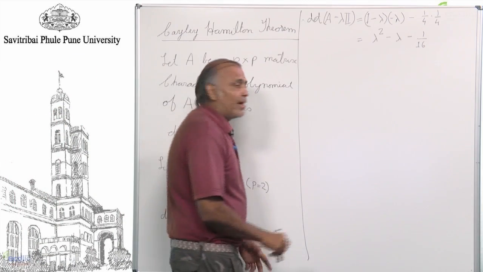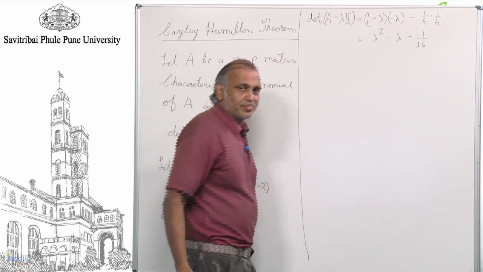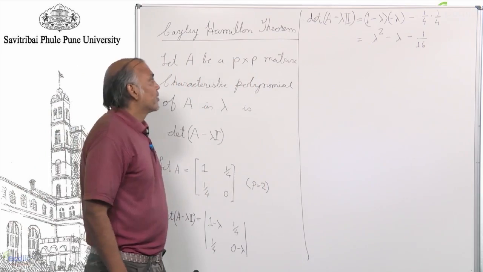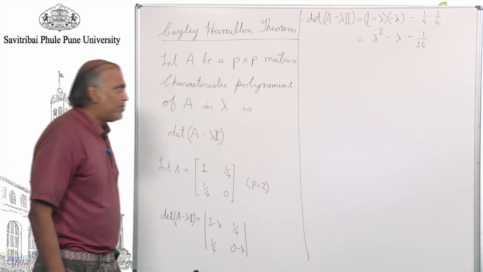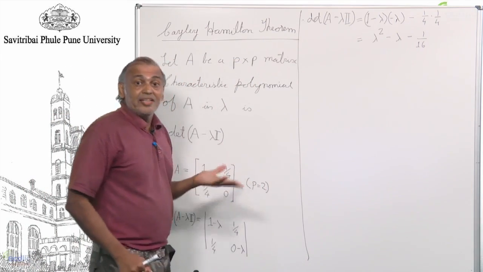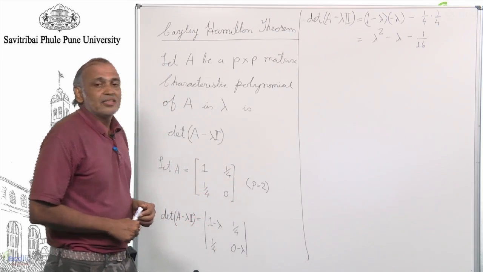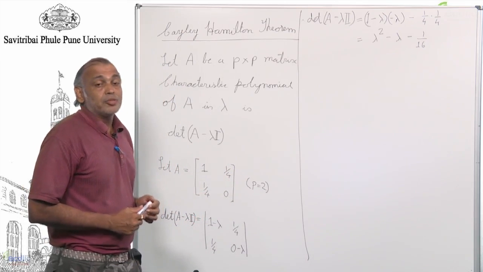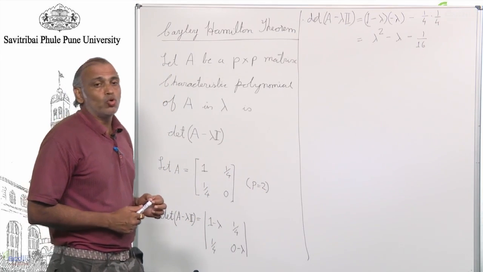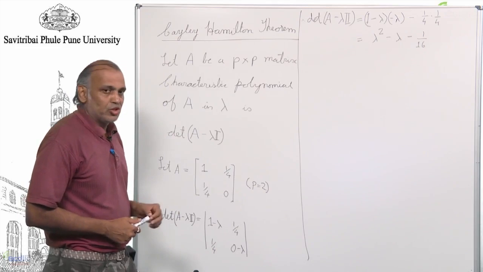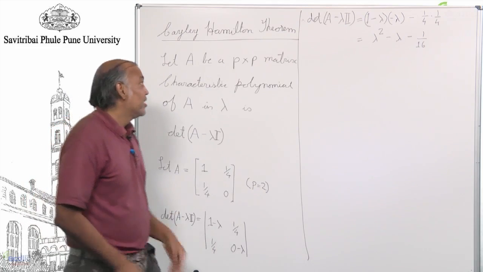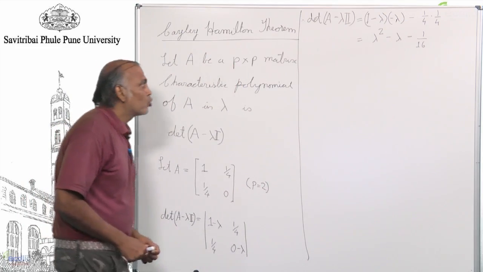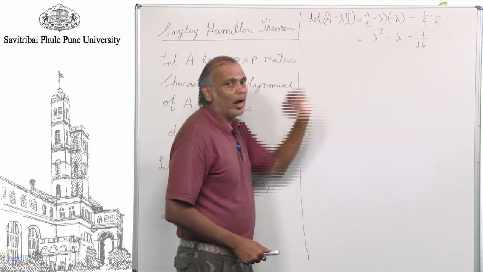The coefficient of lambda to the power 2 is non-zero, a real number or a complex number in general, and there are no higher powers of lambda. So you can define the degree of a polynomial as the largest power of lambda having a non-zero coefficient, a complex coefficient in general. By that definition, this has degree 2. The coefficient of the largest power of lambda turns out to be 1.